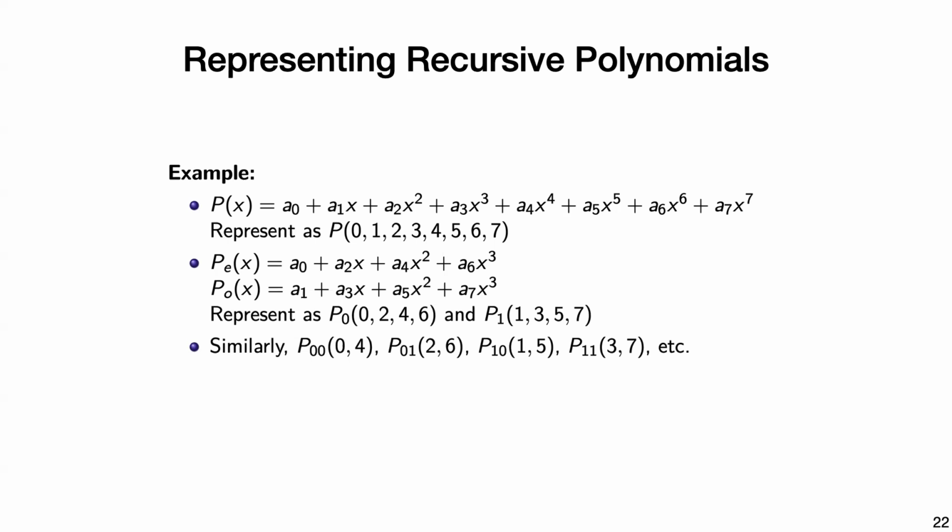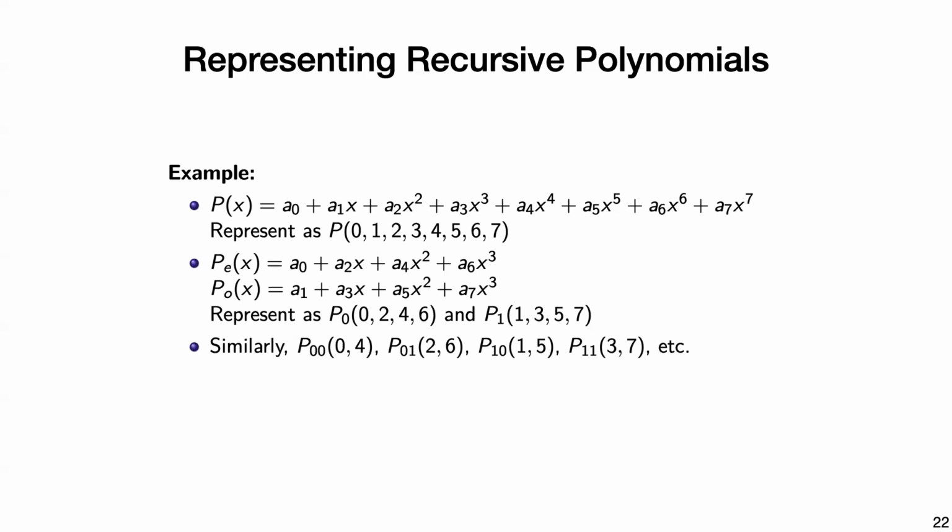And the even part is just the even terms: a0 plus a2 x, a4 x, a6 x. P odd is a1, a3, a5, a7. If P is represented with all the terms in it, 0 up to 7, you can say this is P sub 0 and P sub 1, 0 for even and 1 for odd. So P sub 0 is 0, 2, 4, 6, and P sub 1 is 1, 3, 5, 7.